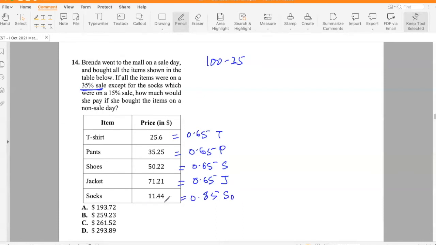So now we can find the original value. So T will be 25. Actually, I can just add T plus P plus shoes plus jacket. So that would be all of these divided by 0.65.